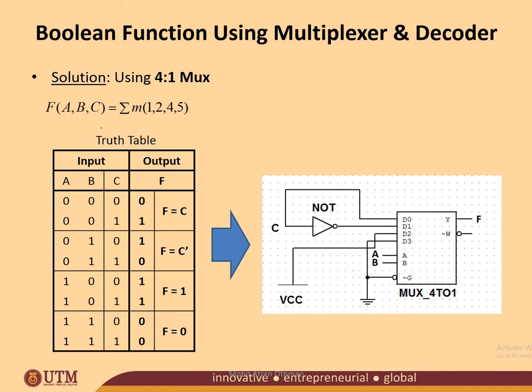Now similarly with the solution using a 4 to 1 mux. So you see 1, 2, 4, 5. You have the shorthand minterms again. You have 1 here, here, here, and here, which is actually the first, the second, the fourth, and the fifth input combination.